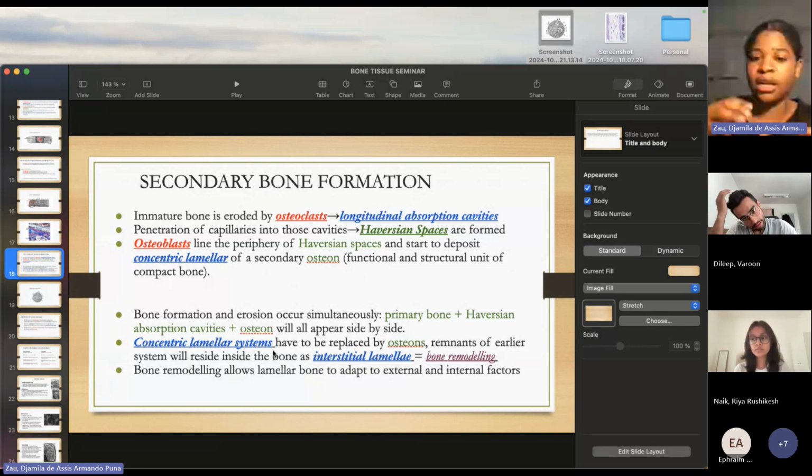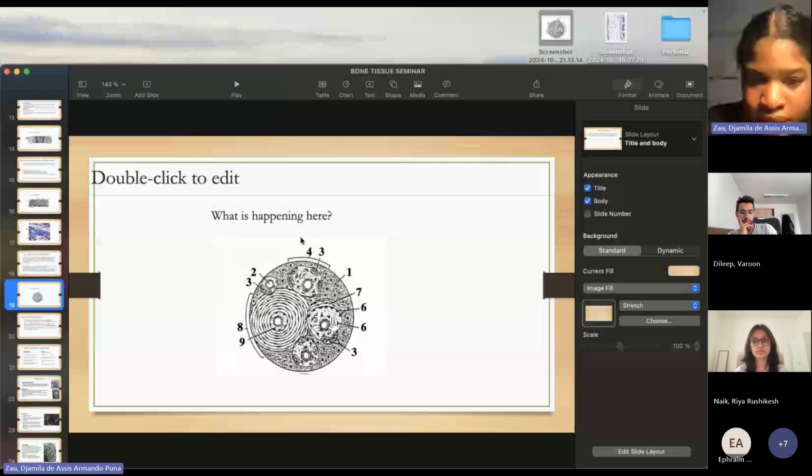And you can see the old concentric lamellar systems, because they're constantly being replaced, as interstitial lamellae. This is known as bone remodeling, and I'll show you guys what they look like. Bone remodeling is important because it allows the bone to adapt to internal and external factors. And basically, this is it.